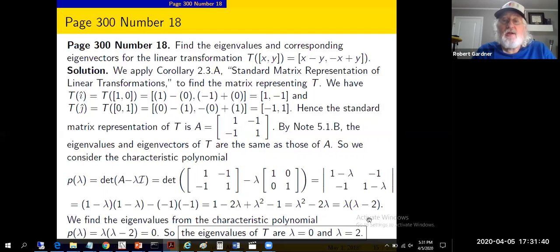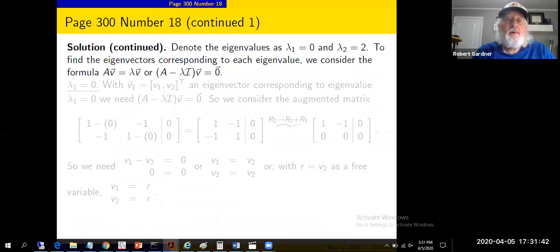We need to find corresponding eigenvectors. Okay, take lambda 1 equals 0, lambda 2 equals 2, right? Index them, express them in increasing order to be consistent with the way I'm doing it. That's not necessary, but to put us all on the same page. Now we need to solve two equations in two unknowns twice. Once for lambda 1 equals 0 and once for lambda 2 equals 2.